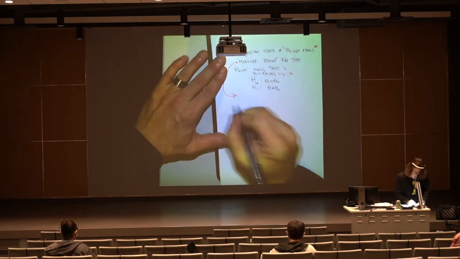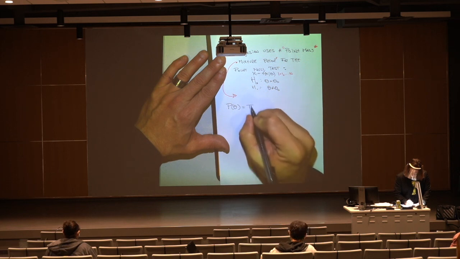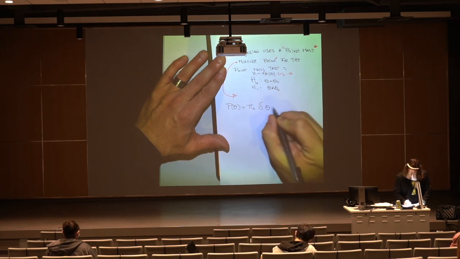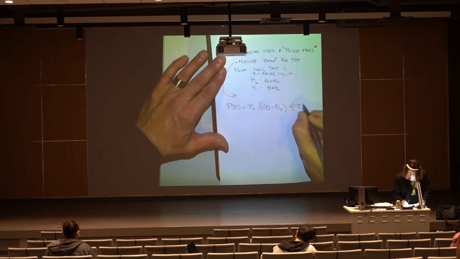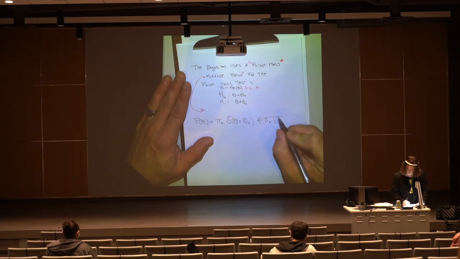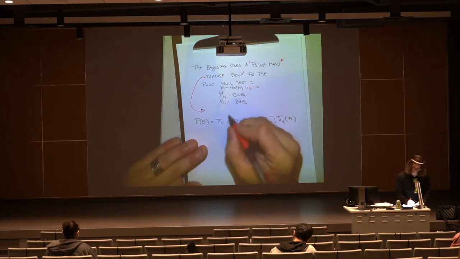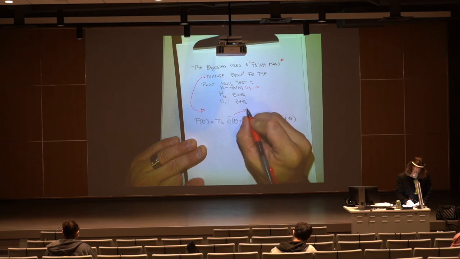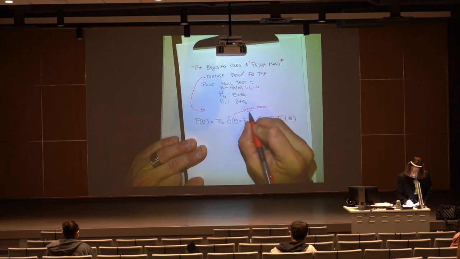It looks like so, times some alternative distribution. I'm going to write it like this. So this is the null prior right here.